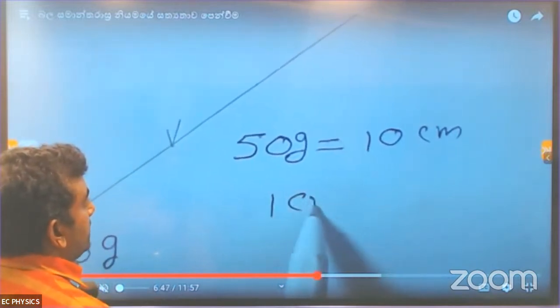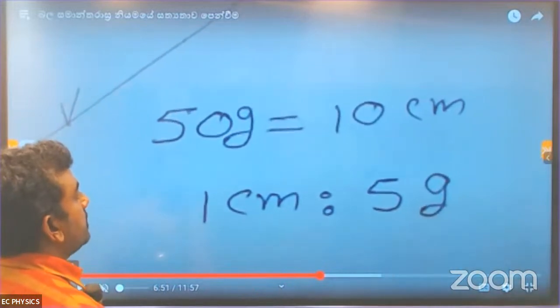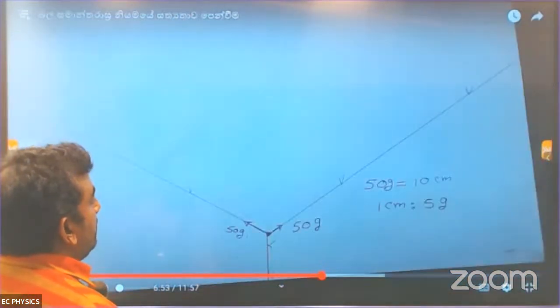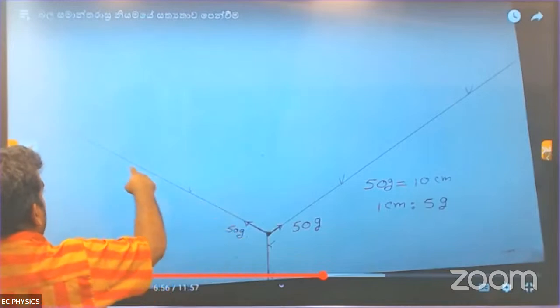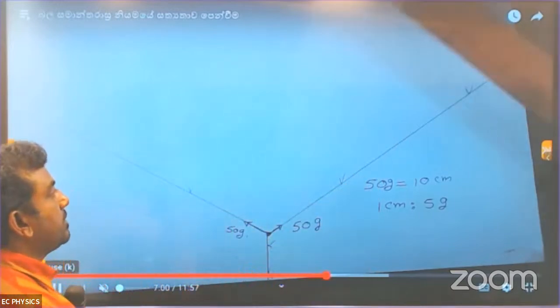So I took a suitable scale: 1 centimeter is 5 grams. So this length is 10 centimeters. This length somewhere here, 10 centimeters is to be marked.